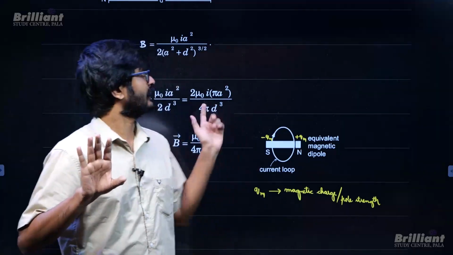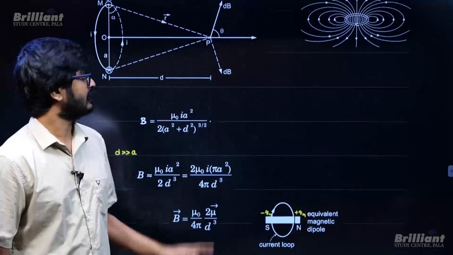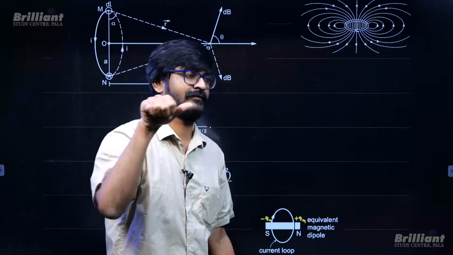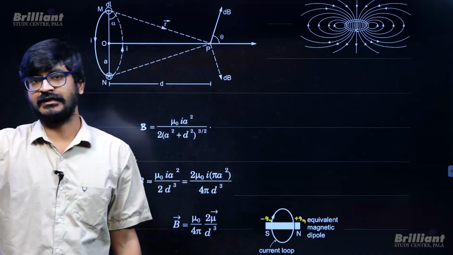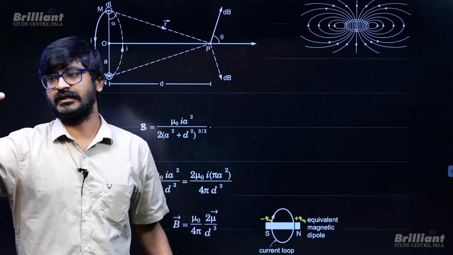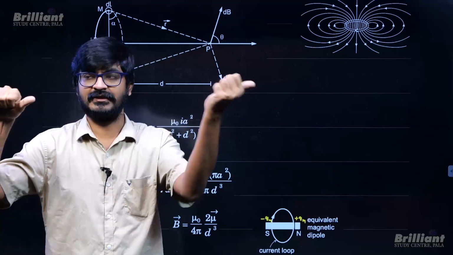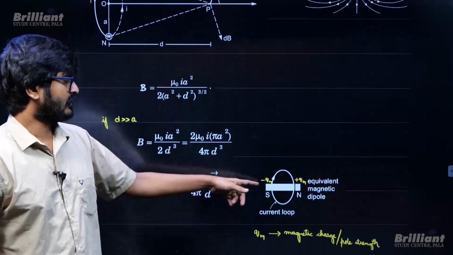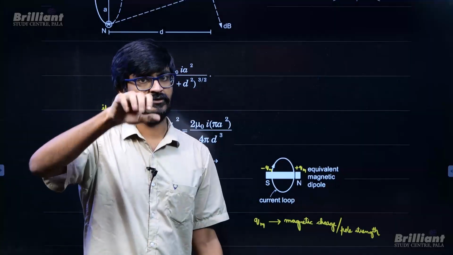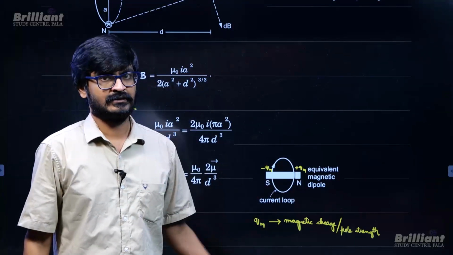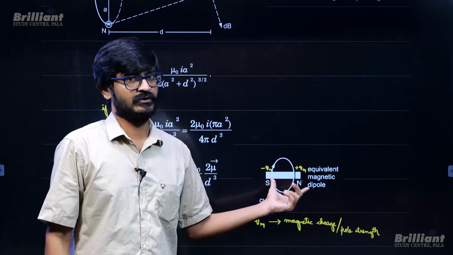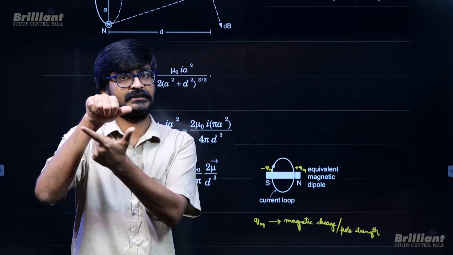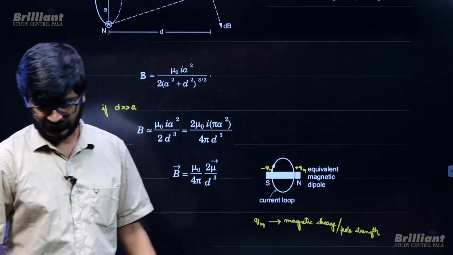So when a current is flowing this way, the magnetic field here will be in this direction. So if the magnetic field has to be in this direction, then the dipole has to be placed like this, because you know the field on the axis of the dipole will be in this direction in electrostatics, right? So if you want to replace the current carrying coil with a magnet or dipole, you can replace it with a positive charge here and a negative charge here, that is positive magnetic charge and negative magnetic charge, right?